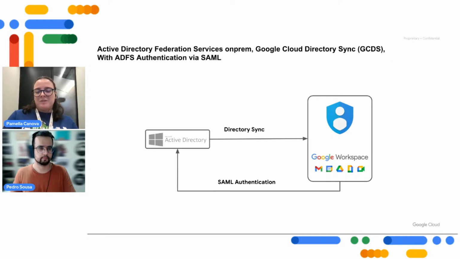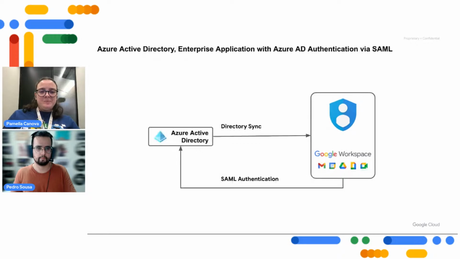And we can also choose where we want to sync this and have different SAML profiles for Workspace, and we will show that later. And if you have Azure Active Directory, we can use directory sync to sync with Google Workspace, and also use SAML for authentication.